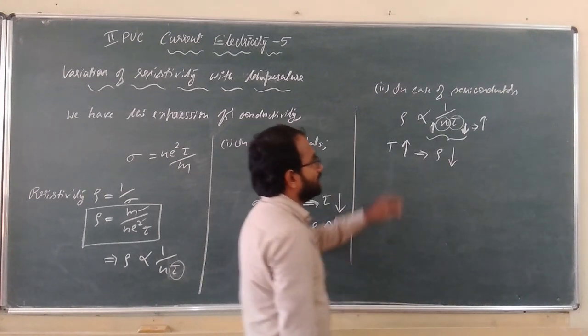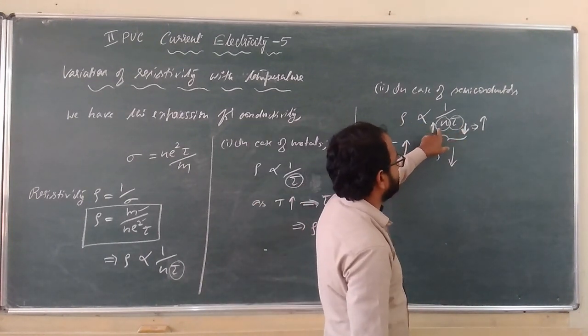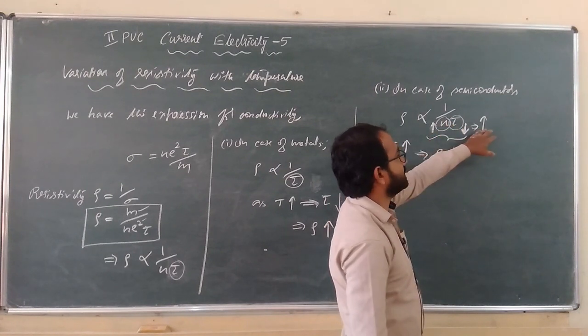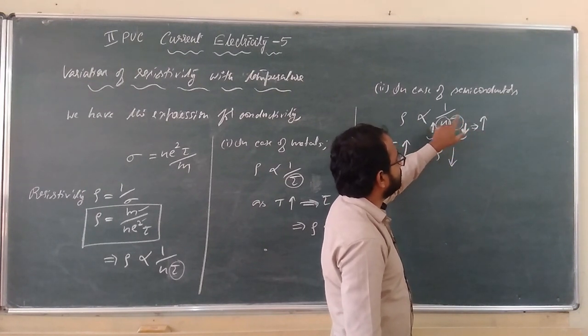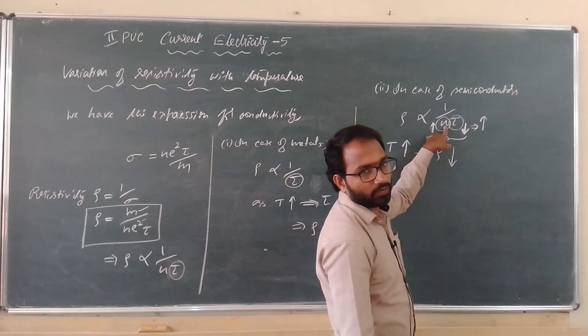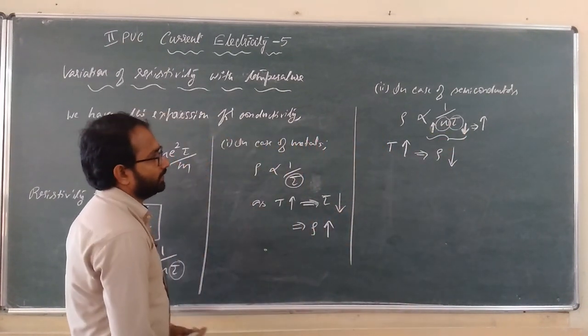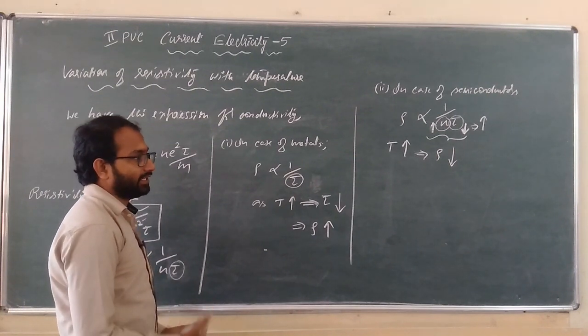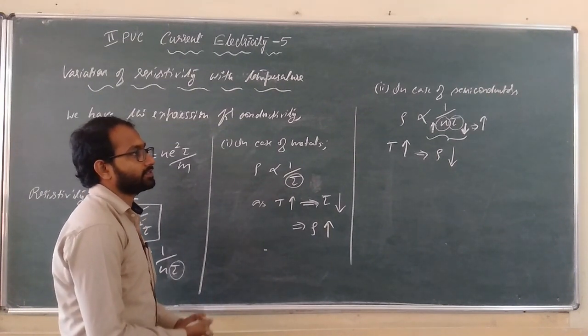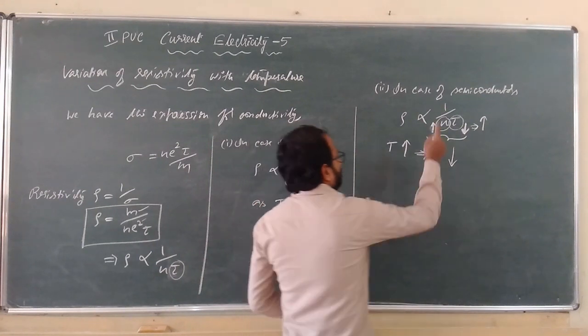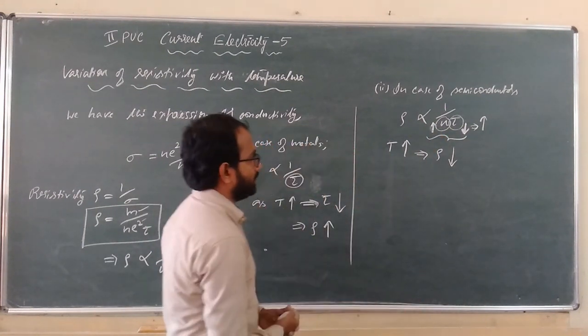Even though tau is decreasing, n is increasing, and their product is increasing because the increase in n is more compared to the decrease in relaxation time. Therefore, the resistivity of the semiconductor decreases with increase in temperature due to enormous charge carrier generation.